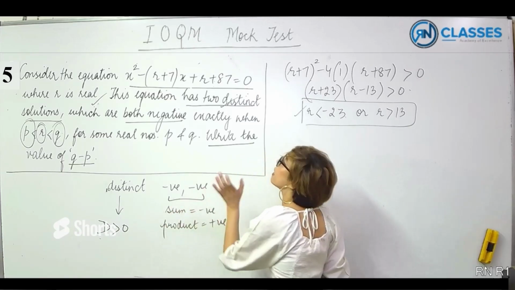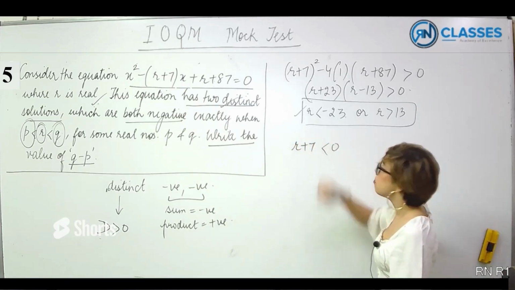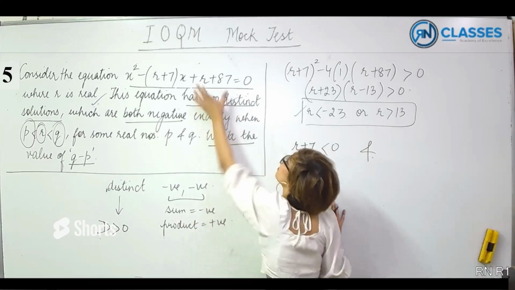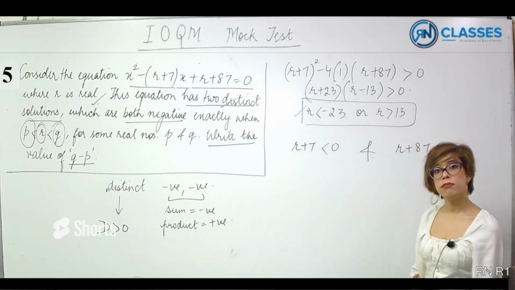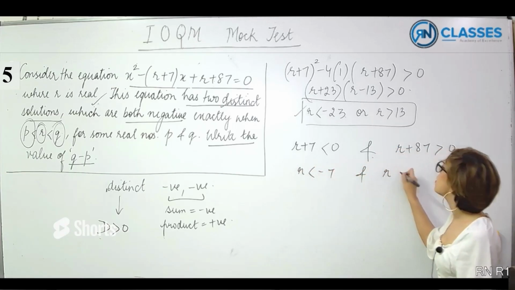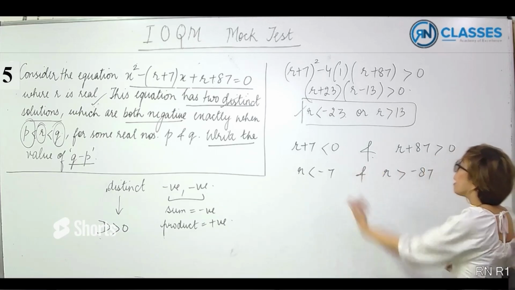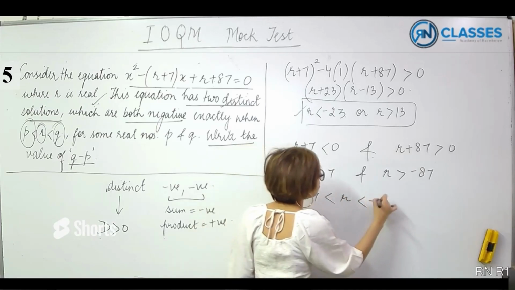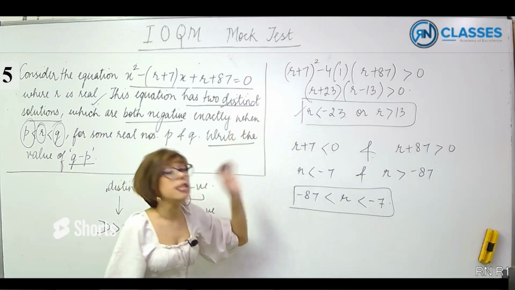Now, first of all, sum is negative. Sum is nothing but r plus 7. R plus 7 is negative, that means less than 0. Right? And at the same time, he says product is positive. Product is nothing but r plus 87. Positive, greater than 0. Right? From here, I can say r is less than minus 7 and r is greater than minus 87. Right? That means if I combine the two, I can say that r lies between minus 87 and minus 7. Second condition.